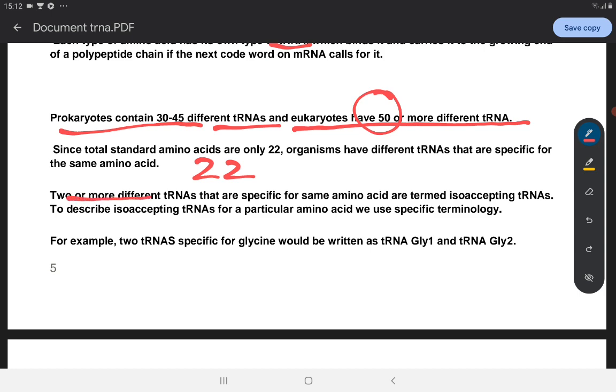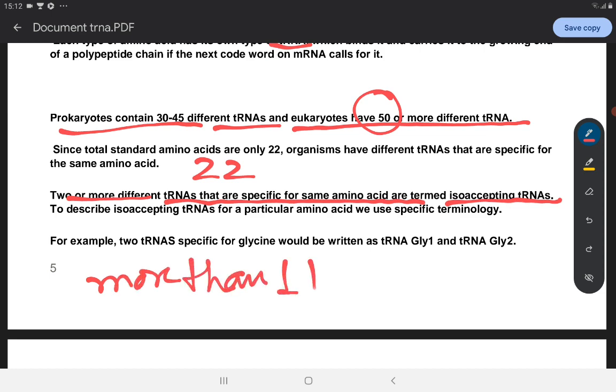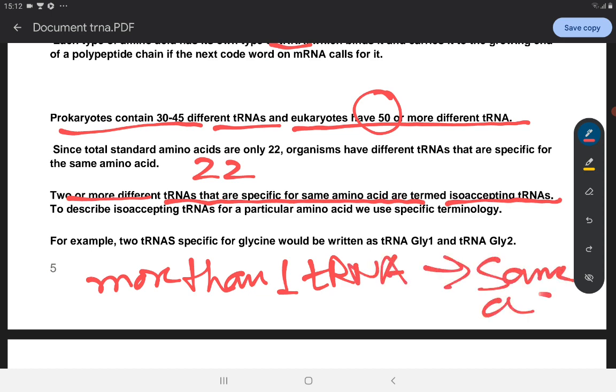So two or more different tRNAs that are specific for the same amino acid are termed iso-accepting tRNAs, which means that more than one tRNA could be specific for the same amino acid, right?